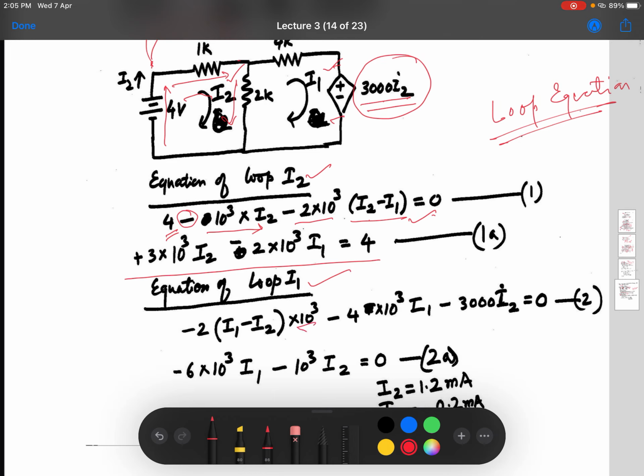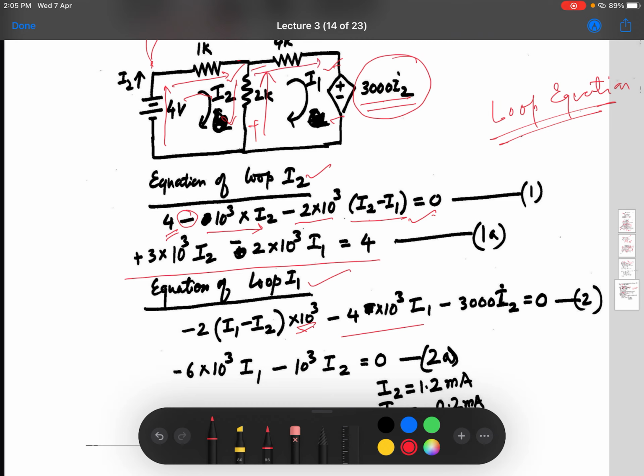You start from here, I1 minus 2k, minus 2k into 10 raised to power minus 3. You can just see here, I1 minus I2 is the current flowing into it. I am taking the direction of I1, and this becomes plus and this becomes minus. So there is a drop in this one.